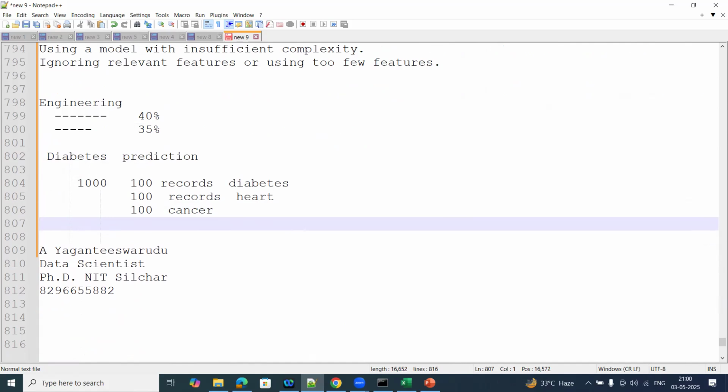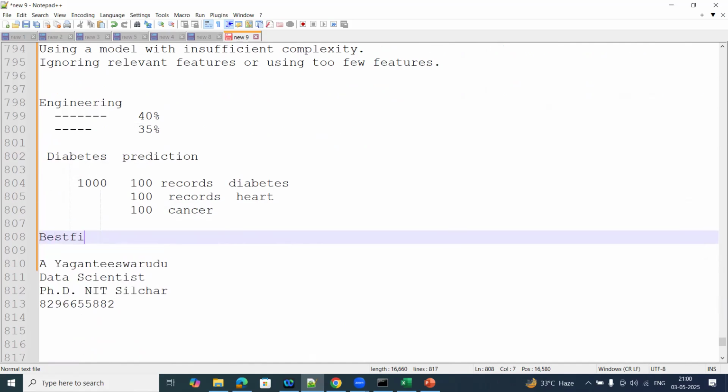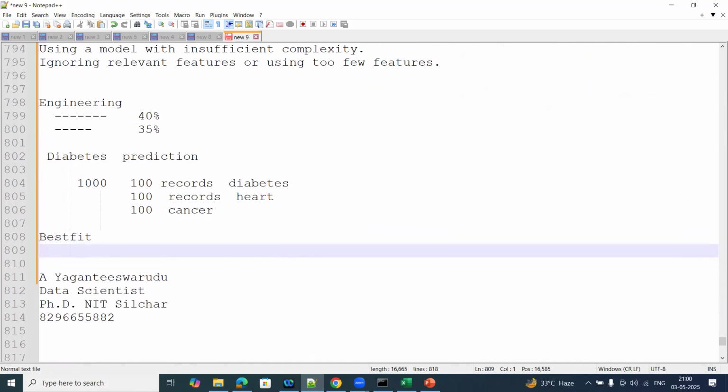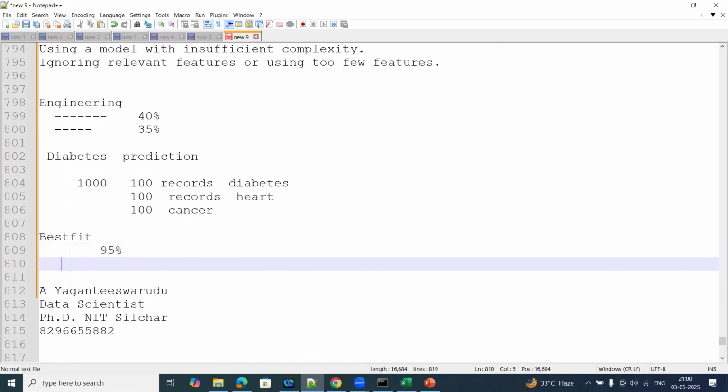Maybe I will give the definition, but the actual best fit we can find during implementation only. What is best fit? During training it performs 95%, and during testing also, let us assume 94% or 93%.